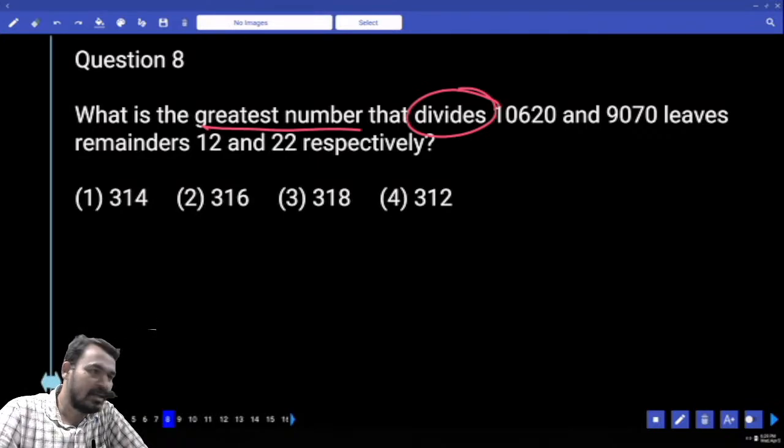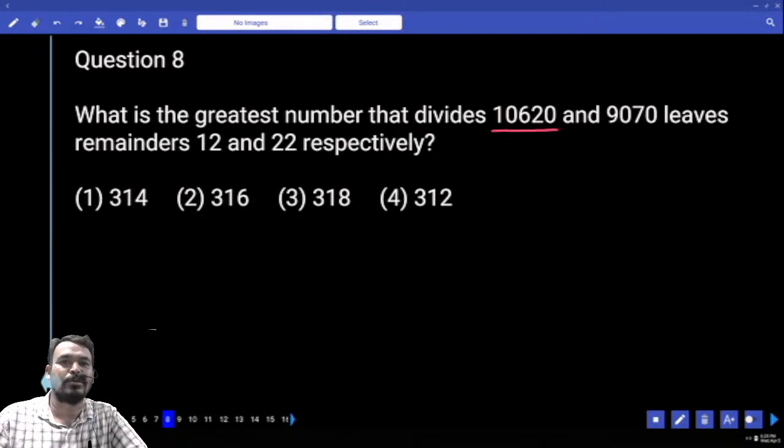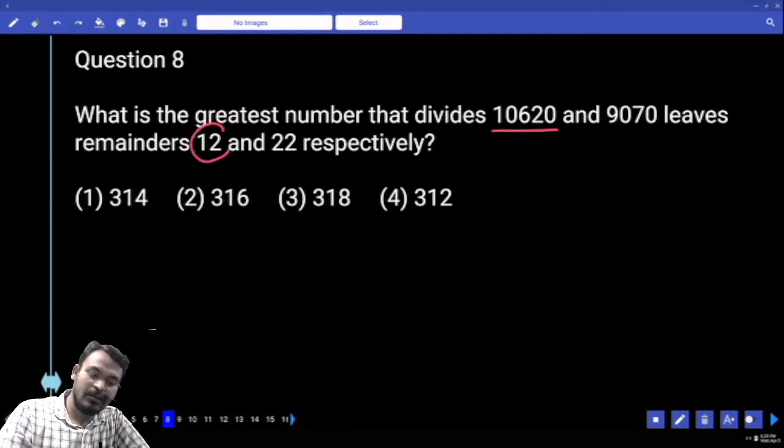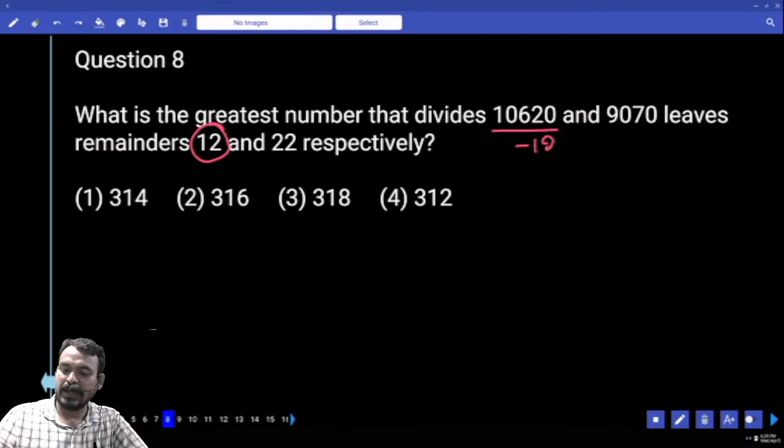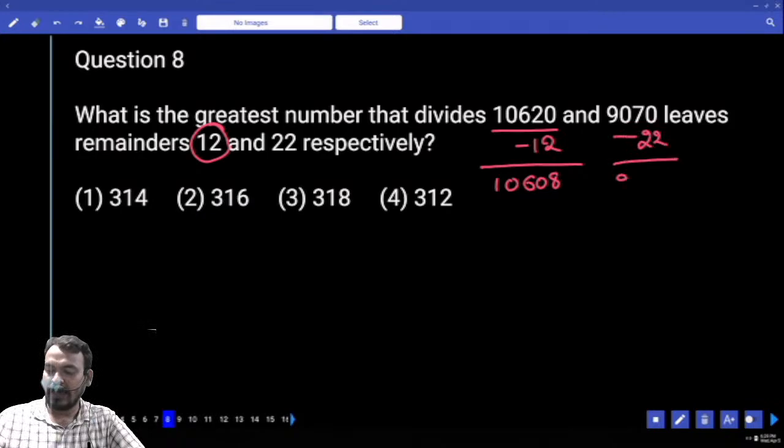Here 10,620 includes the remainder. Subtracting the remainder 12, the remaining value is 10,608. The second one, 9070, includes the remainder 22, so without the remainder it is 9058.